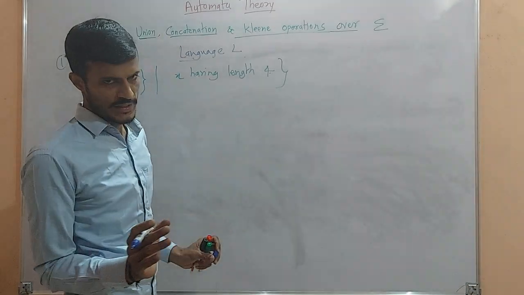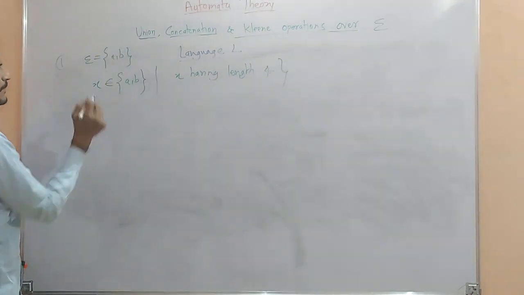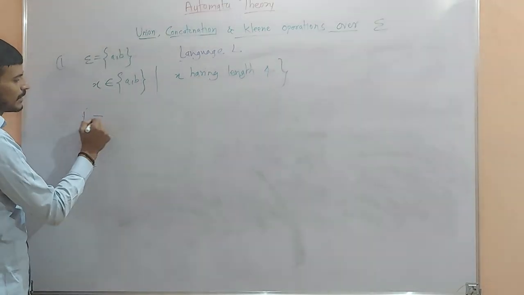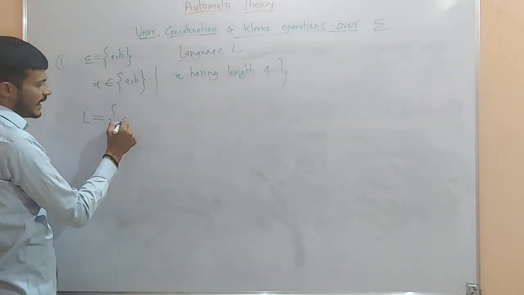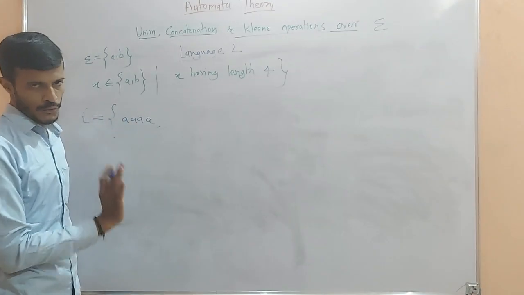So what are the possibilities? So you can see here, by using A and B, I am going for language L. L will be simply AAAA, yes, it has length equal to 4.